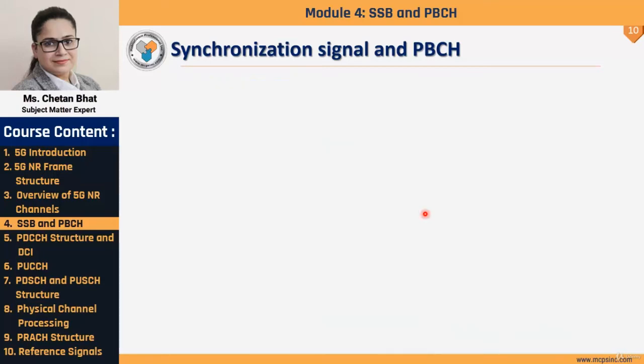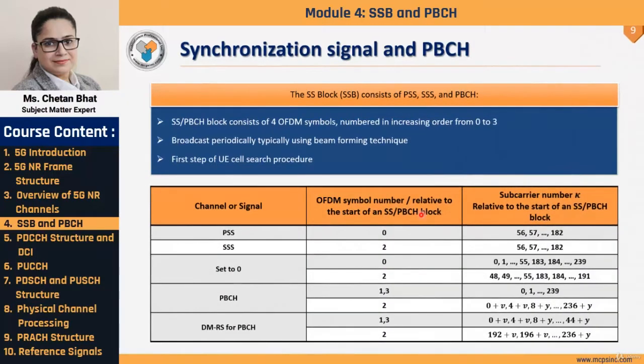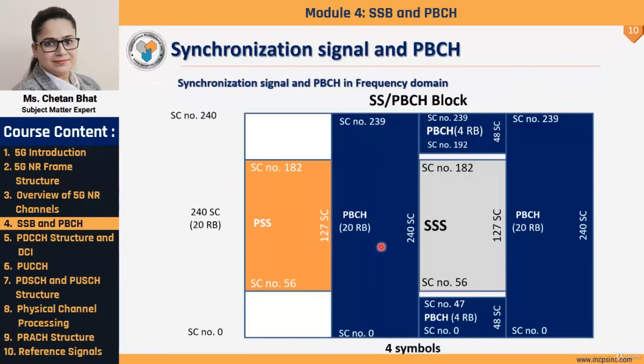If you look here in the last picture, you have the PSS and SSS occupying subcarriers 56 to 182 in the frequency domain, and the symbol numbers are 0 and 2, which you can see over here. If we talk about PBCH, it carries symbol numbers 1, 2 and 3, and for symbol numbers 1 and 3 it occupies all the 240 subcarriers.